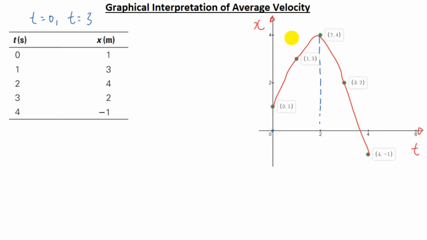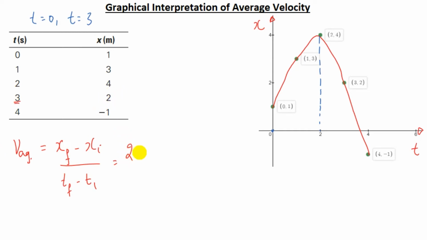Now the average velocity that we studied earlier, let me write the formula. This was xf, the final position, minus the initial position, divided by tf minus ti. This is what we studied earlier. Now the final position here, for time equals 3 seconds, is 2.